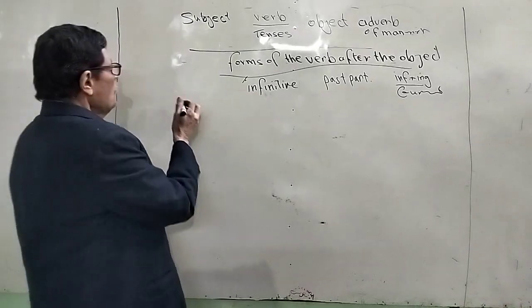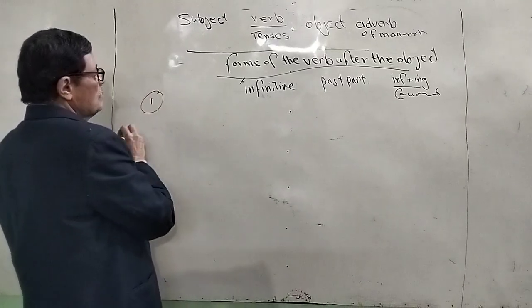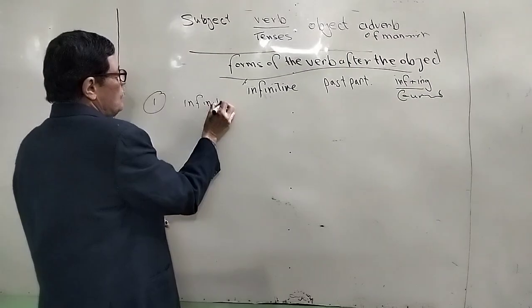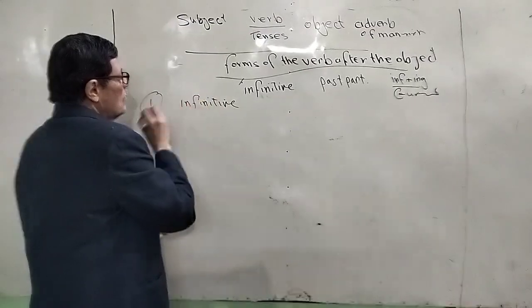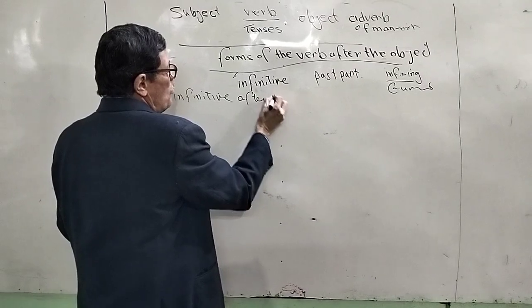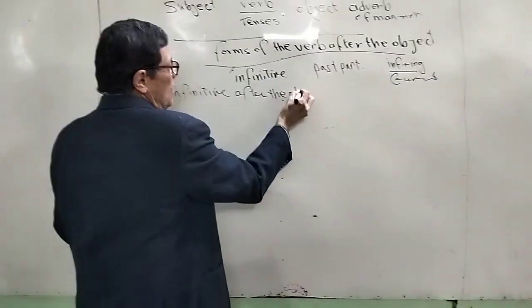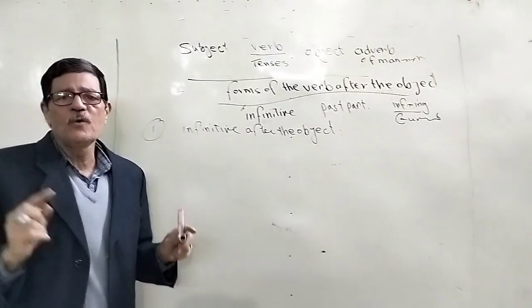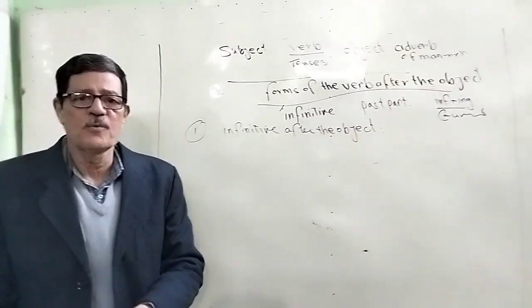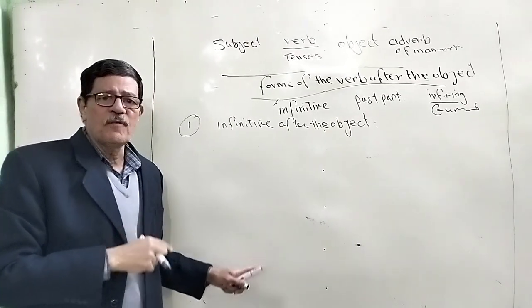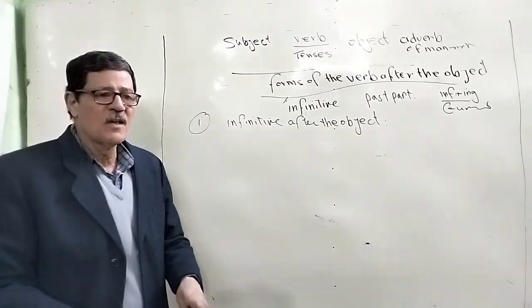Okay? Number one. Infinitive after the object. When can we use infinitive after the object? If there are the following verbs in the sentence.